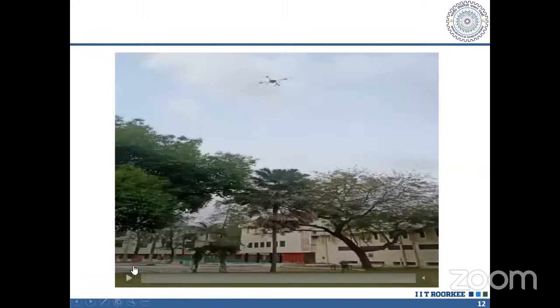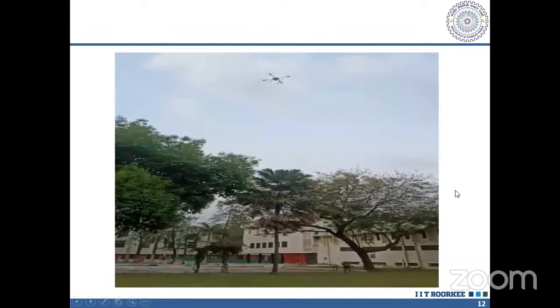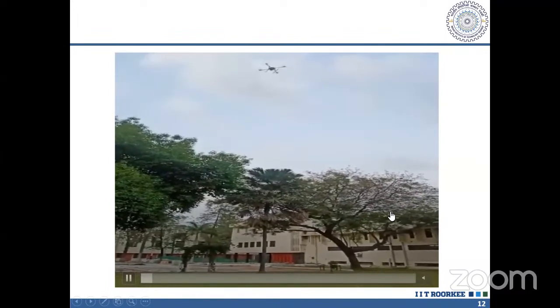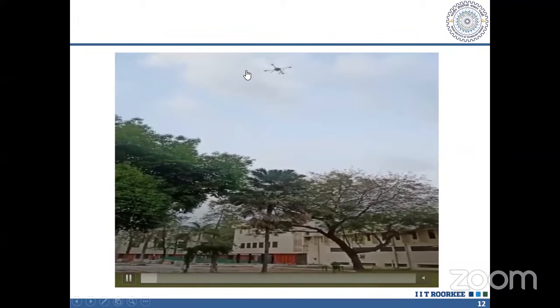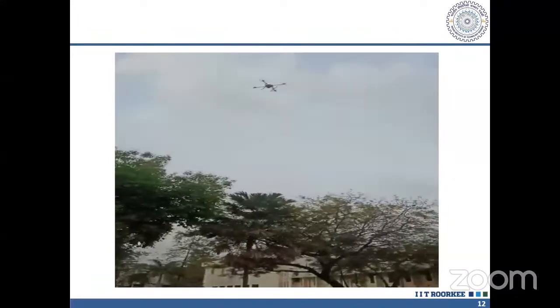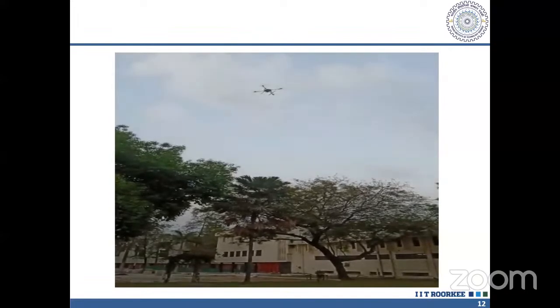So this is the field testing which we have done in our lab. This is the mechanical ground of IIT Roorkee. This is the drone system that we have constructed in our lab, and we are also developing some more drone systems for different payload capacities.